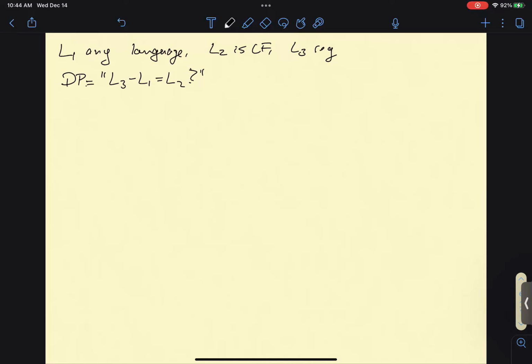Any ideas? What do we have to do? Some known undecidable problem, and then probably a mapping reduction to, I'm just going to call this DP, right?